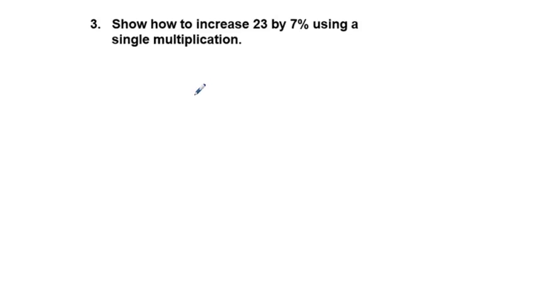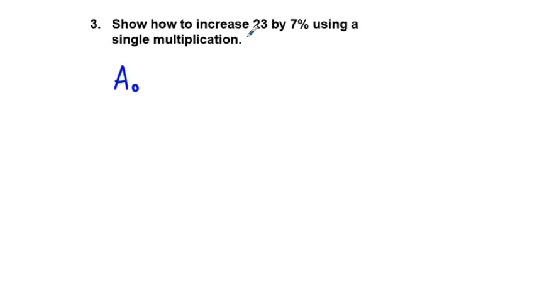Problem 3, show how to increase 23 by 7% using a single multiplication. What this basically refers to is that if we have a starting amount of something, we call it A sub 0, and sometimes you see that little 0 subscript means starting amount at time equals 0.